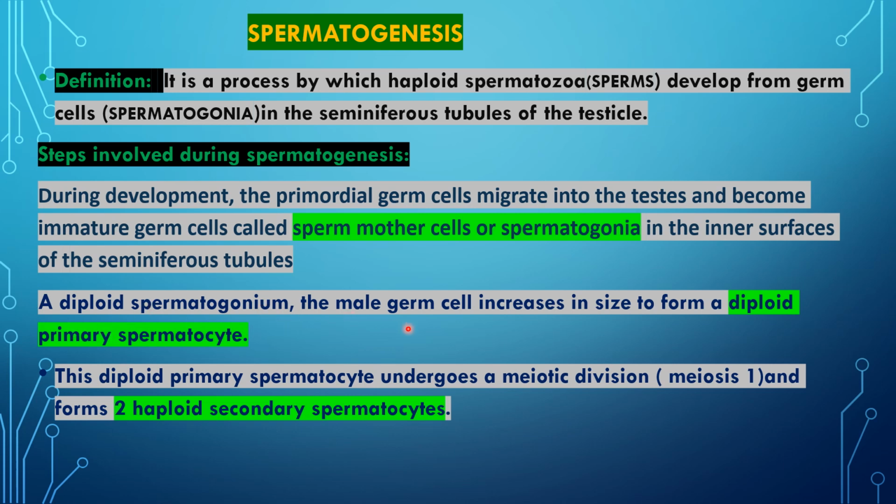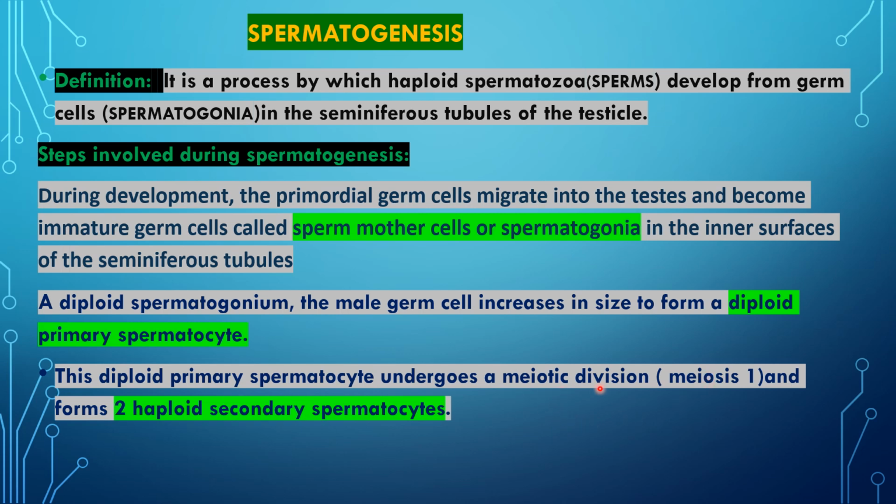So a diploid spermatogonium, that is the male germ cell, first increases in size to form a diploid primary spermatocyte. Right? This diploid primary spermatocyte undergoes meiotic division. So what is the first division that takes place in the primary spermatocyte? It undergoes meiosis 1.